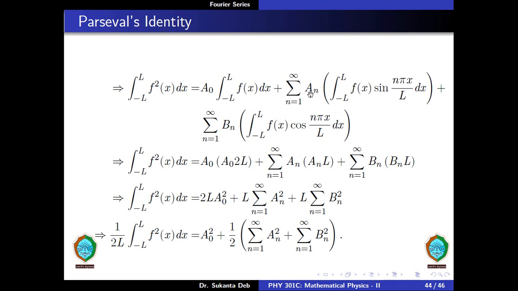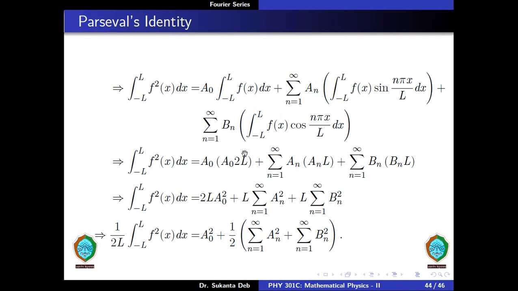So this becomes integral from minus L to L f square x dx is equal to a naught integral from minus L to L f(x) dx plus summation over n is equal to 1 to infinity a n integral from minus L to L f(x) sine of n pi x by L dx plus summation over n is equal to 1 to infinity b n into integral from minus L to L f(x) cos of n pi x by L dx.